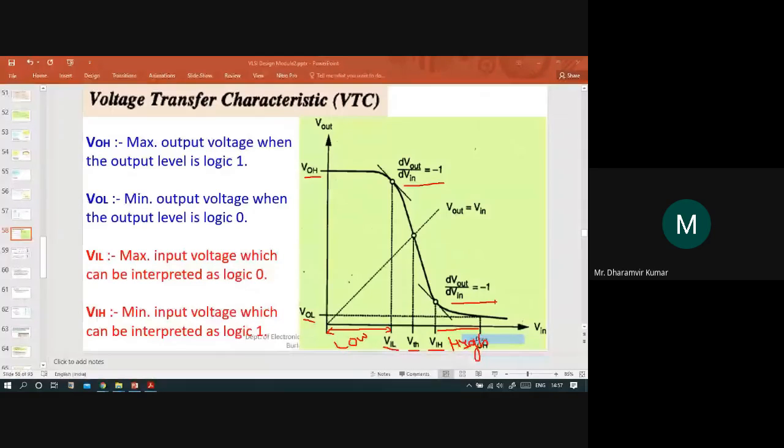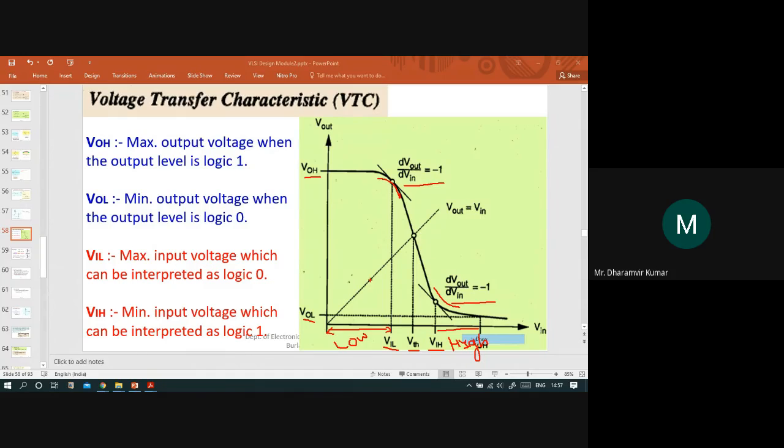For a practical inverter, these points are defined because the curve does not follow the idealistic curve. It becomes more sloppy; it does not fall perfectly at the corners, it shows a curvy way.